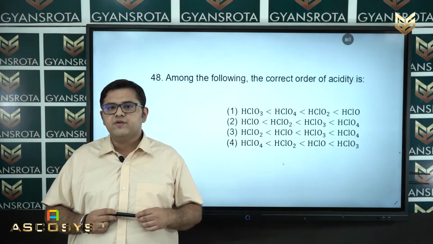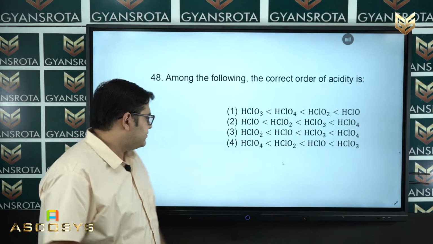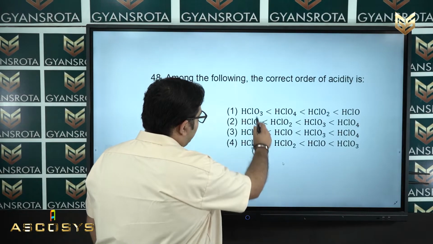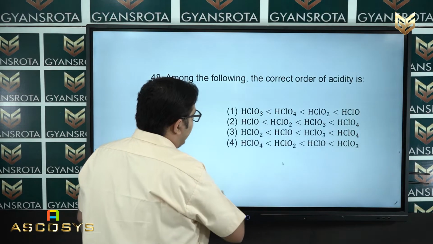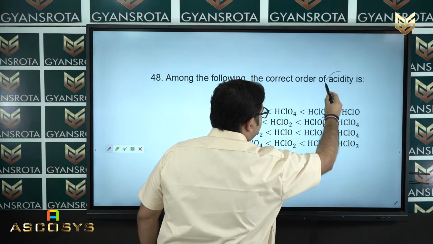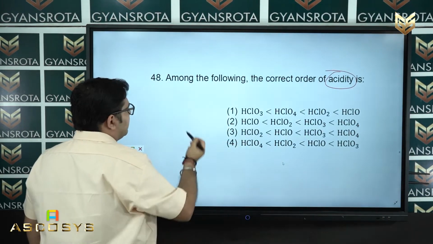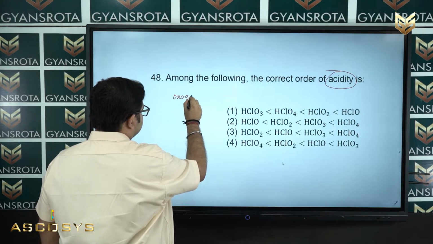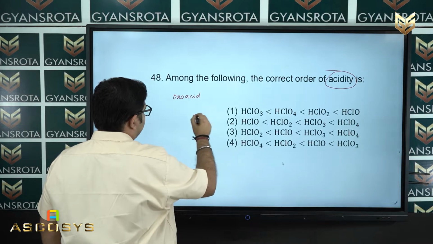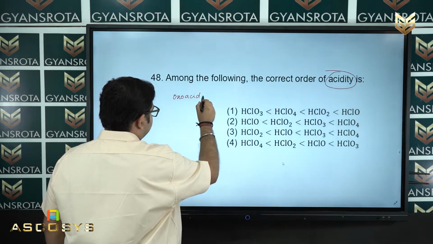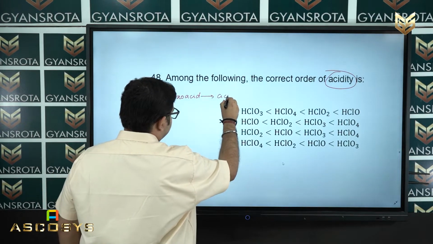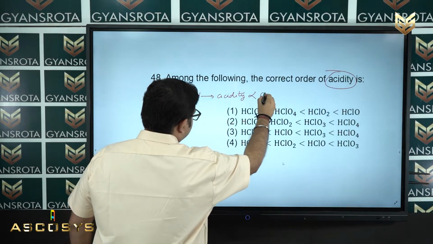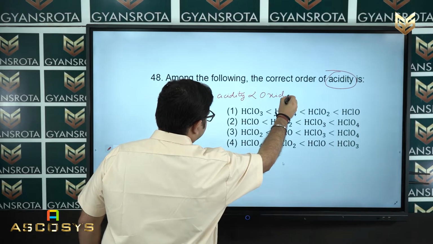So, now we are moving to the solution part. If you see, these all are oxo acids and you have to find out the acidity order. So, always remember, in oxo acids acidity is directly proportional to the oxidation state.